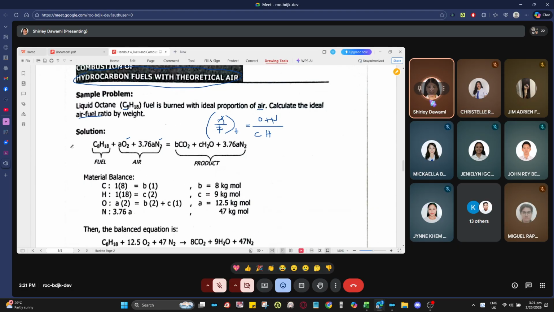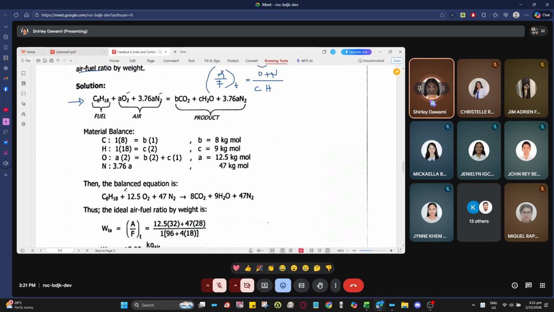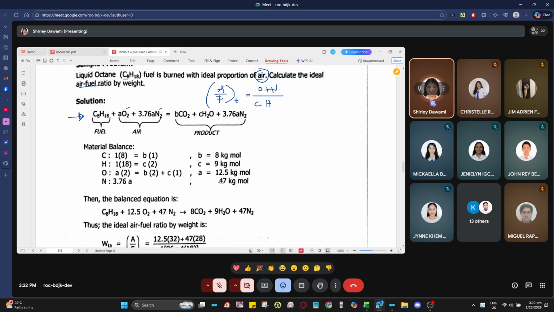So we have the combustion reaction equation. This equation represents the complete combustion of a hydrocarbon fuel in air. So the first thing to do is to balance this equation, because A, B, and C are still unknown, which are the number of moles.